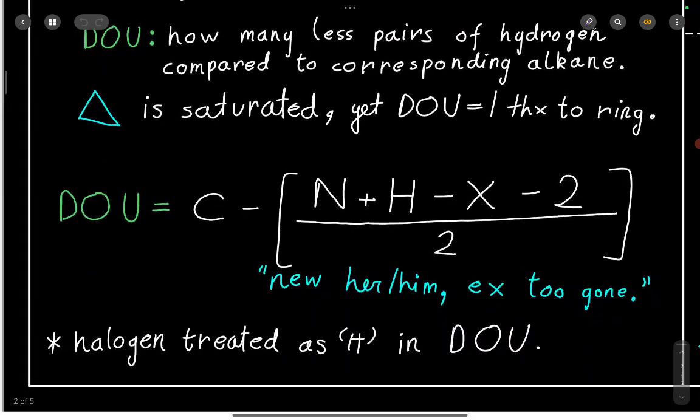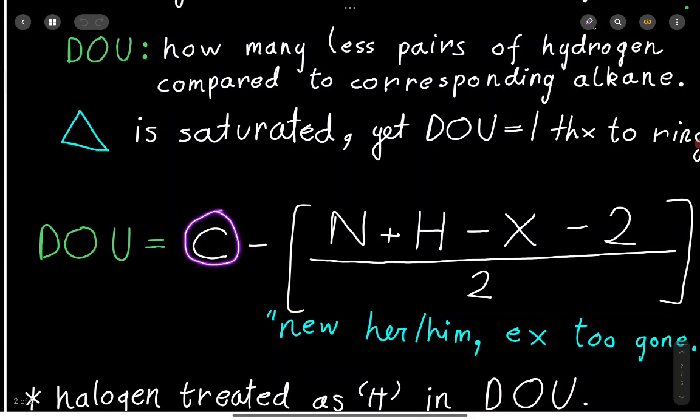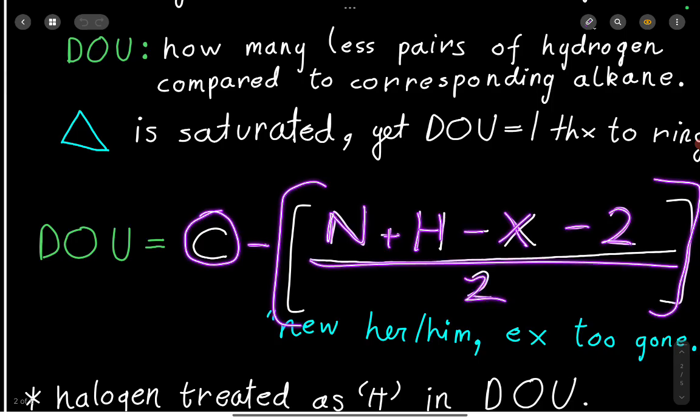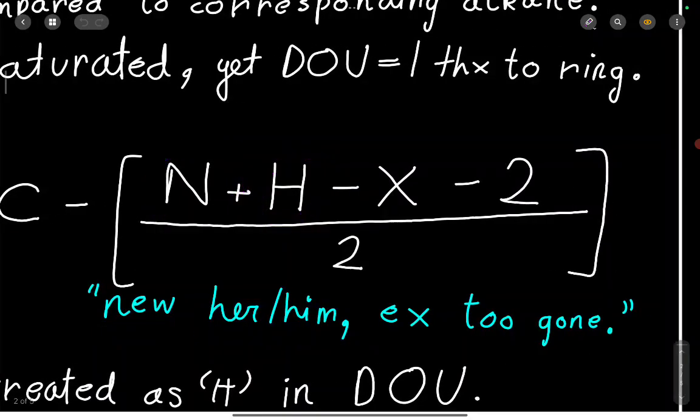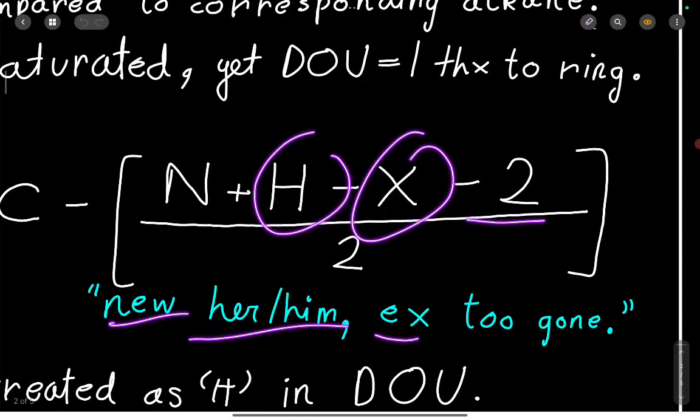And this is a direct formula for the degree of unsaturation. You take the total number of carbon atoms and subtract this quantity from it, and this quantity is given as number of nitrogen plus number of hydrogen minus number of halogens minus 2, whole divided by 2. A way to remember this is nu, her or him, depending on your gender or sexuality, nu, her or him, x, 2, gone.